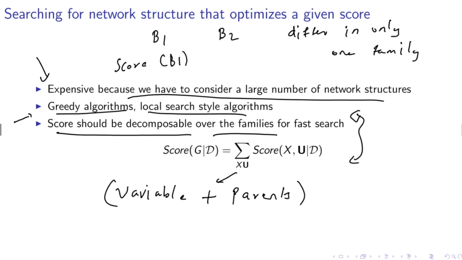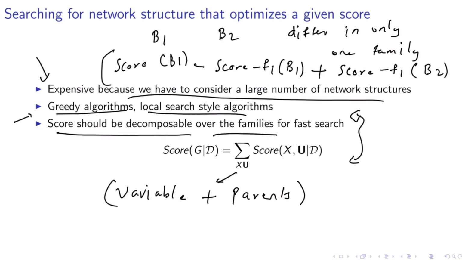Easy. All I have to do is subtract the score of family F1 for B1, and add to it the same family that was changed in B2. So this is how I can easily compute the score of B2 if I know the score of B1.